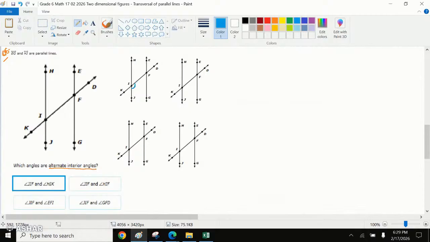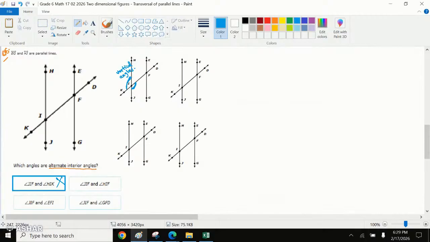This is JIF, and HIK. These are vertical angles, right? That means they are vertically opposite angles, but they are not alternate interior angles. Agreed?